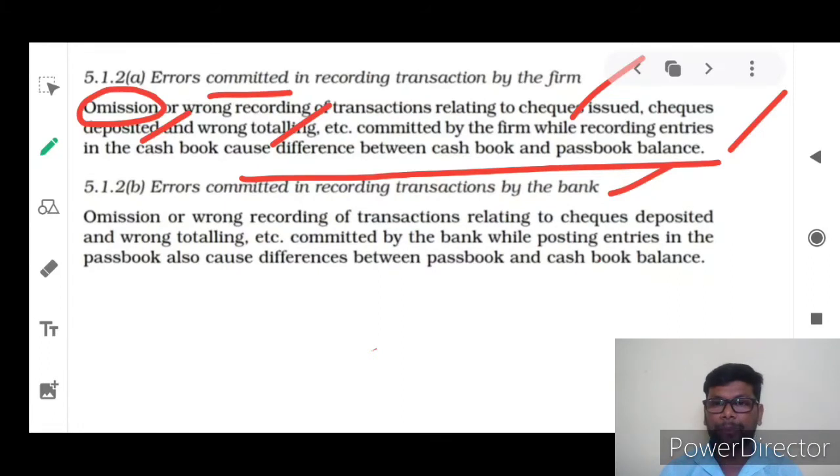But sometimes a check may be bounced, isn't it? Or some other things happen inside, like they total wrongly. Instead of crediting to your account, they may have credited another party's account with the same name. For example, Raja. Raja's account number ends with 0013.